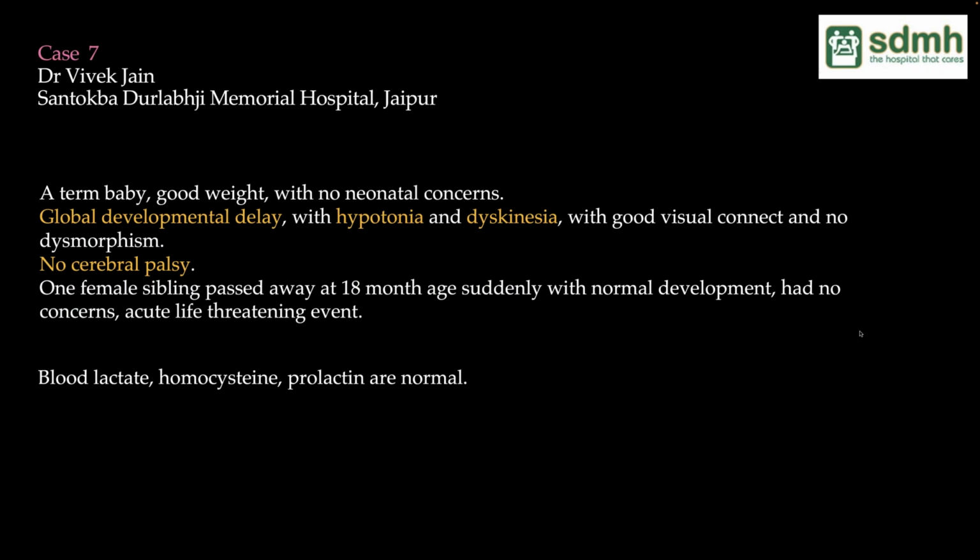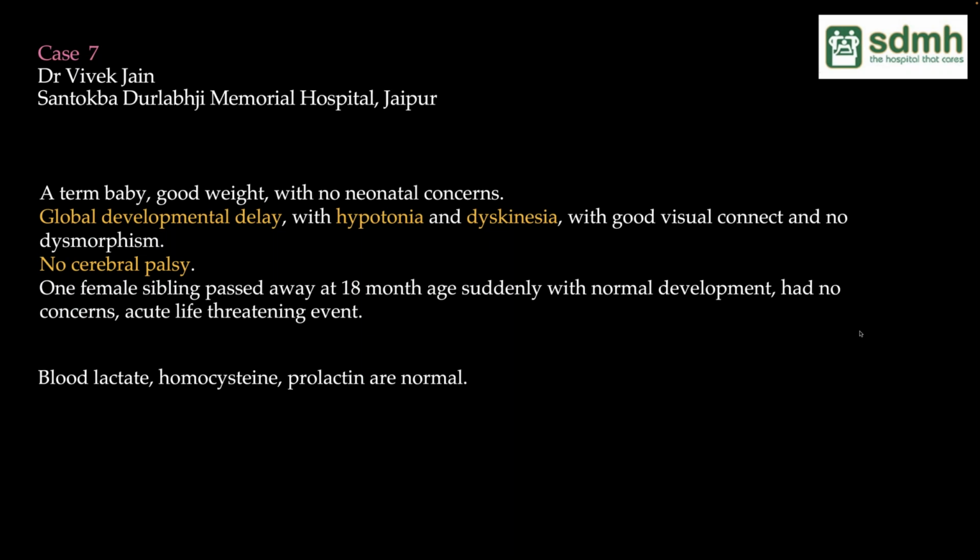So legs were not differentially affected, and why I'm stressing that is because of what comes in the MRI later. One of his female siblings passed away at 18 months of age suddenly with normal development, no concerns. The family just says she slept at night, fed, and in the morning she was no more, and they wondered if it was aspiration pneumonia.